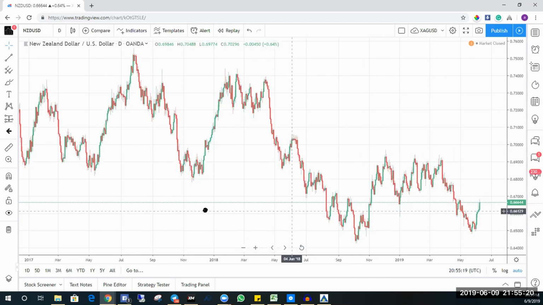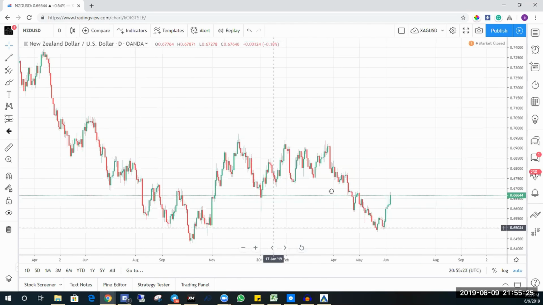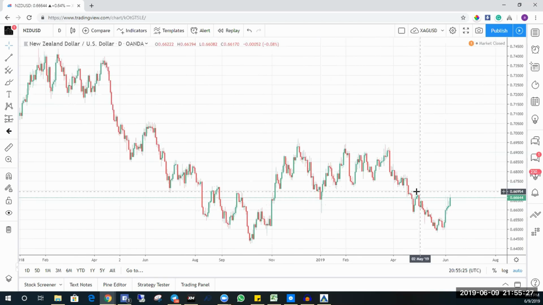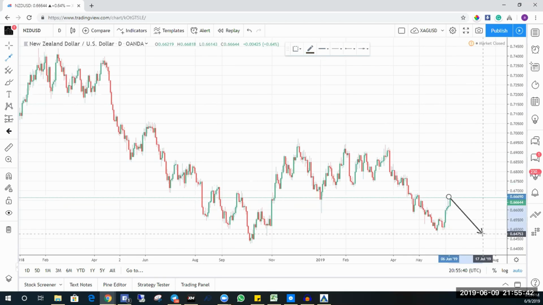Let me spread this out a little. We've not been able to take out this previous high. We already have a rejection here, so we might expect to see price go lower here.